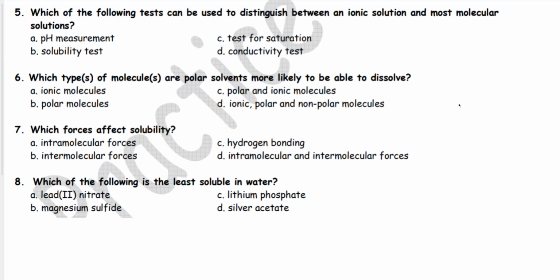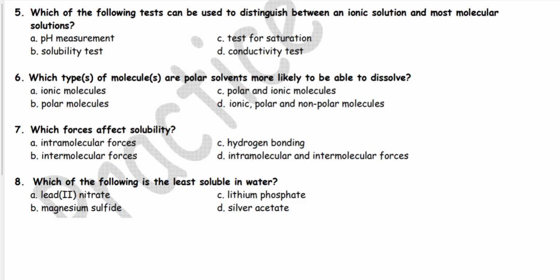Go. So yeah, what do you think? So you have an ionic solution and then you have a molecular solution.